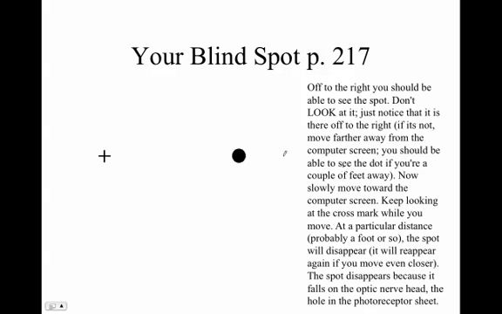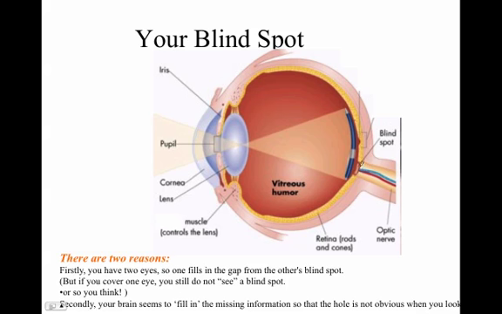So for example, if you look at the spot here, you can find that it will eventually disappear at a certain distance. That's because what you're doing is you're focusing that object directly onto this part of your eye, the retina, where there is no retina. And the reason there's no retina there at your blind spot is your optic nerve has to come in there.